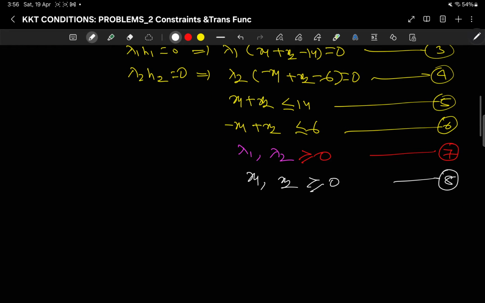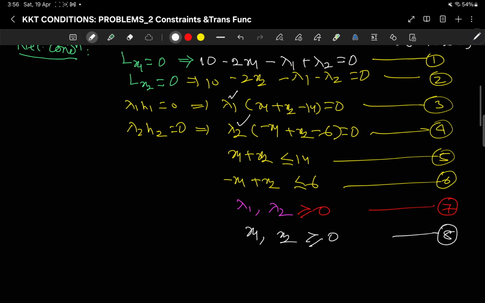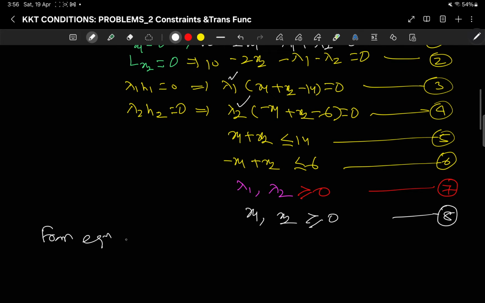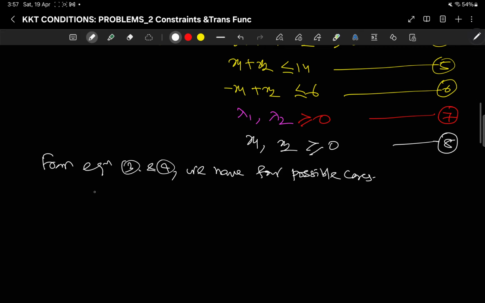Since we have lambda 1 and lambda 2, there are 4 possible cases from equations 3 and 4. Case 1: lambda 1 equal to 0, lambda 2 equal to 0.